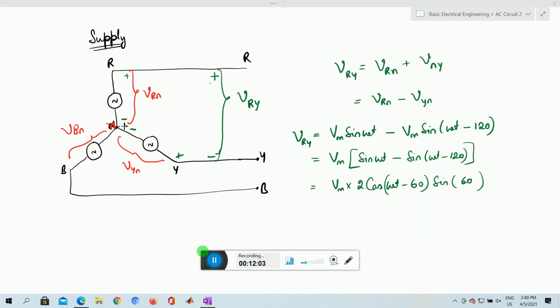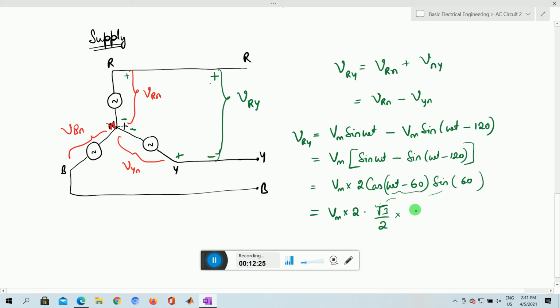The omega t cancels, and it is 120 by 2, that is sine 60. So this will be equal to Vm times the cos term. Let us bring this term first: sine 60 is root 3 by 2, into cos of omega t minus 60.